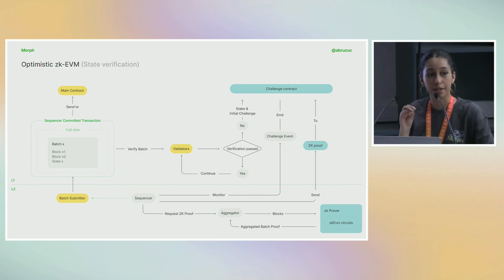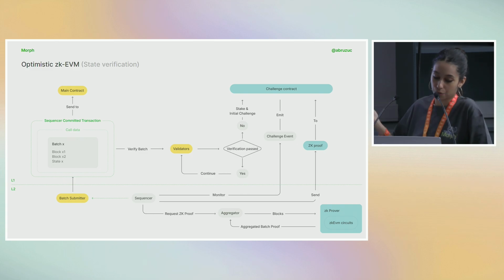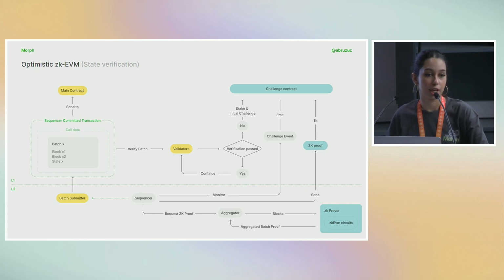If they find the transactions and the states are not correct, they will initiate a challenge. Then the sequencers need to answer the challenge by providing a ZK proof and passing the verification process. If the sequencer can't finish the verification process within a certain period of time, the fraud behavior is settled. So that's how we integrate the fraud proof. The validators, of course, will need to stake in order to initiate a challenge.